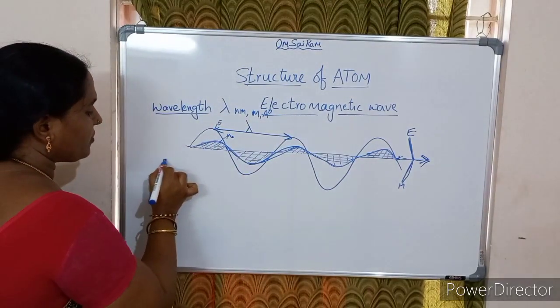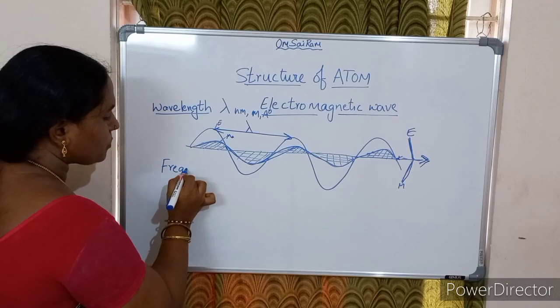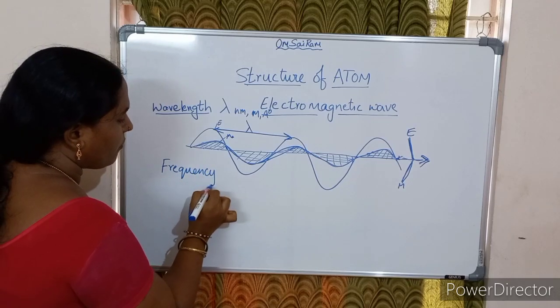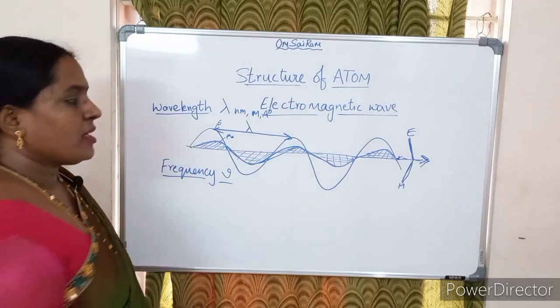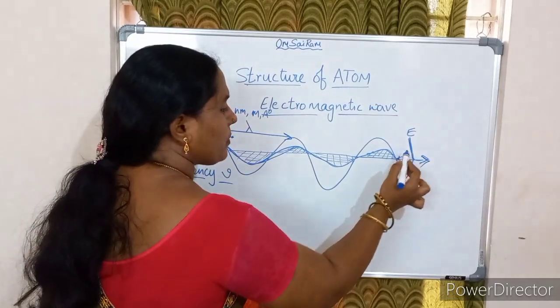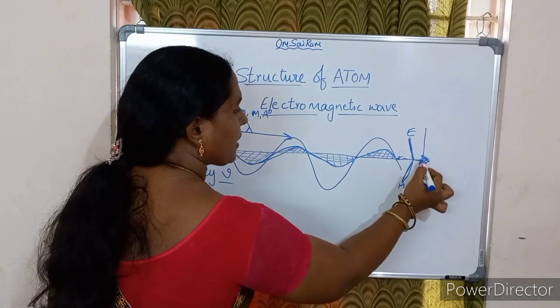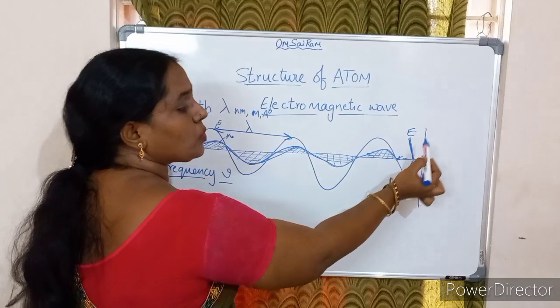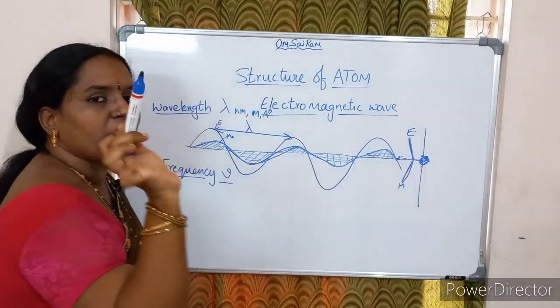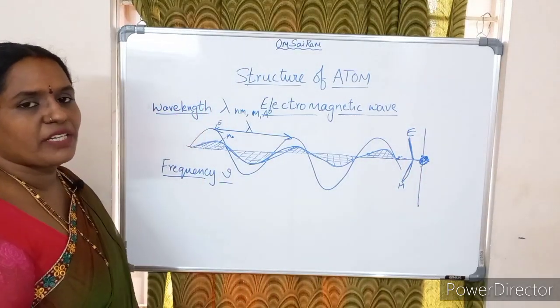Next, another feature is frequency. It is denoted by nu. If a particular point is taken, the number of waves passing through this point in a given unit of time is called the frequency.